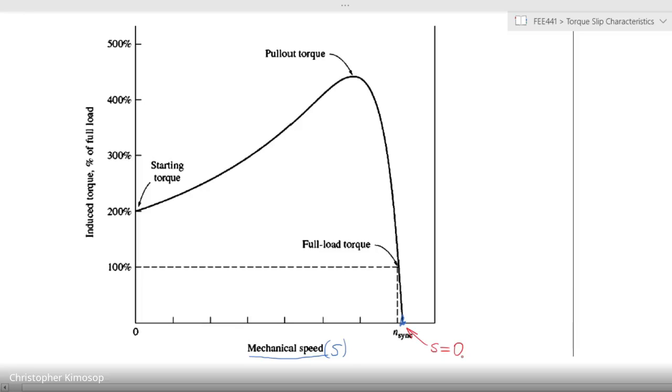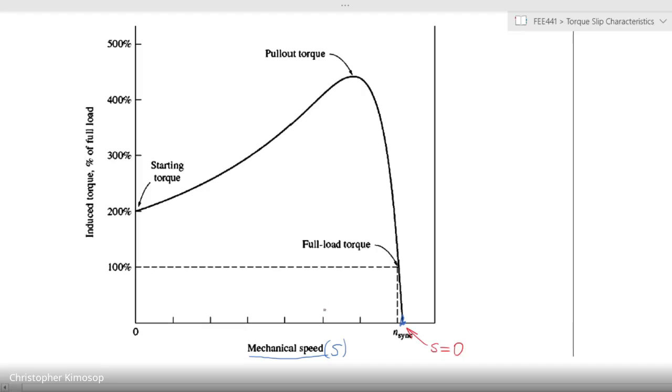Remember when we were talking about the rotating magnetic field, we said that if for any reason the rotor catches up with the synchronous speed, whereby the rotor is moving at the same speed as the rotating magnetic field, there is no relative motion between the two. And the principle of operation depends on there being relative motion between the actual rotor and the rotating magnetic field.